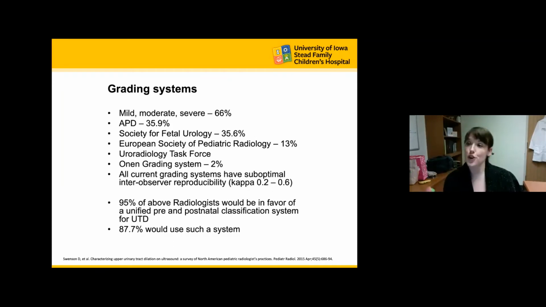You'll notice that these don't add up to 100. People were using multiple systems. There were other grading systems in place as well, and all of these grading systems have somewhat suboptimal inter-observer reproducibility. They were asked whether a unified pre- and postnatal classification system for urinary tract dilation would be beneficial, and about 90% said yes, that would be beneficial.